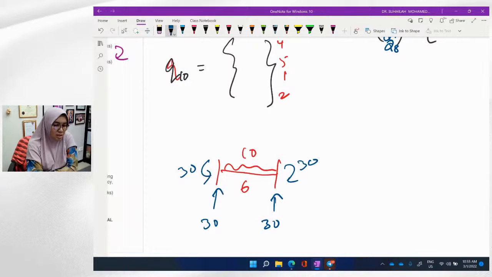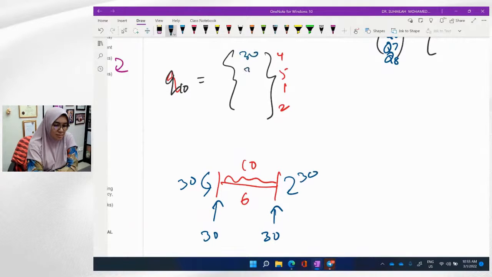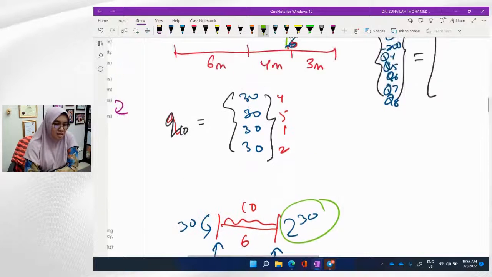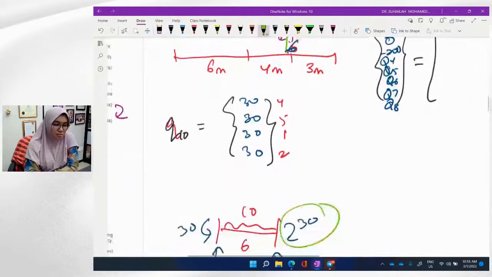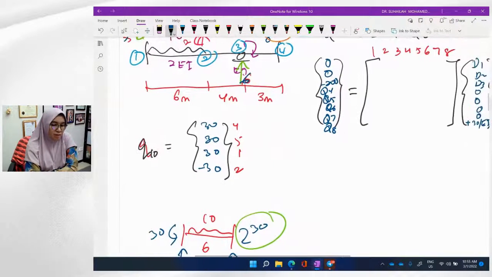The values are all 30. Which one is negative? This is the negative value, and it represents 2. So we have 1, 2.